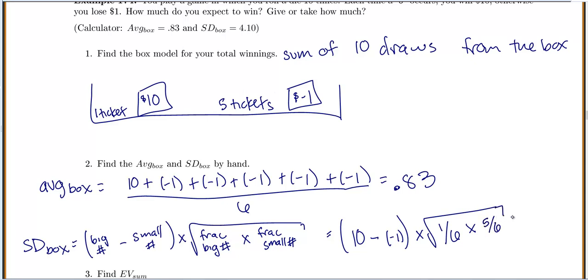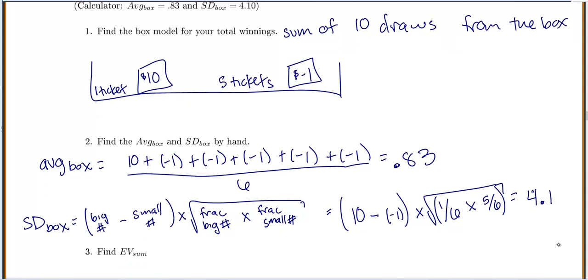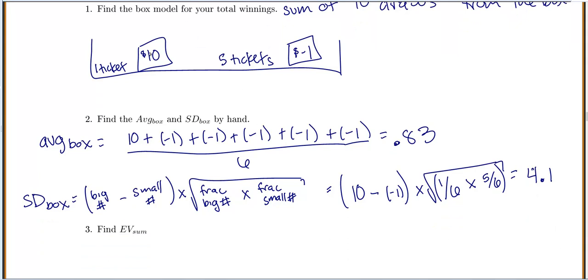So times 5/6. Put this in your calculator. Don't forget your parentheses around the 10 minus -1, or your parentheses around 1/6 times 5/6. And this gives us 4.1. So once again, 10 was the big number, -1 was the small number.